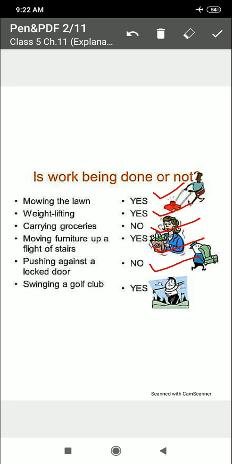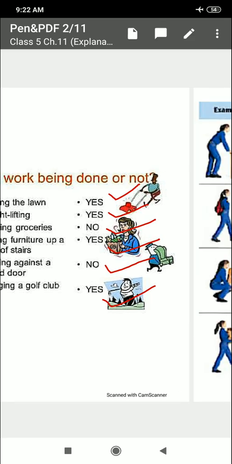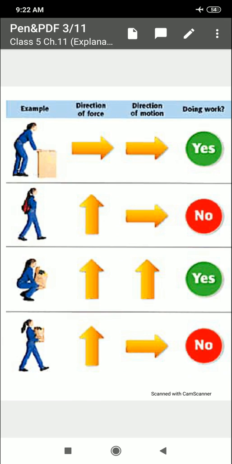Whenever you push any golf ball or any ball, the ball will move from its place. That means the work is done. So here are a few conditions in which we discuss that the work is being done or not done. Now next, here also you can see a few examples.